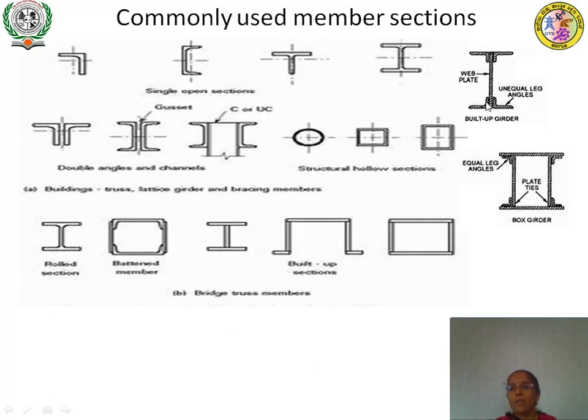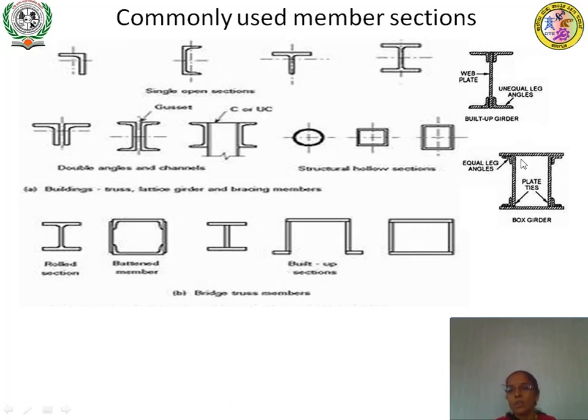Apart from that, we are going to place angles. These are unequal angles. Equal angle means both legs of the angle have the same length, so this length and this length will be the same, whereas here this one is smaller compared to this one. This is called the web plate and these are called the flanges. These individual elements are connected to make one member, which is called a built up section.